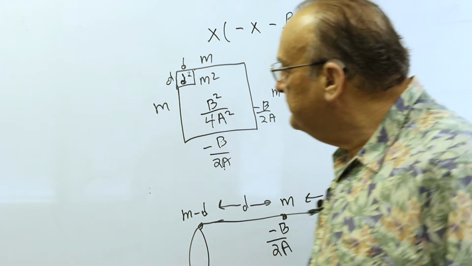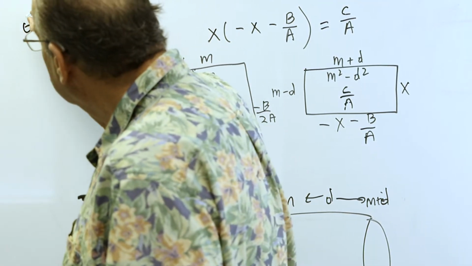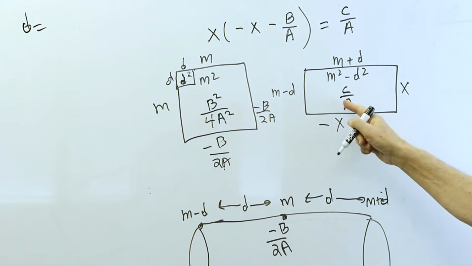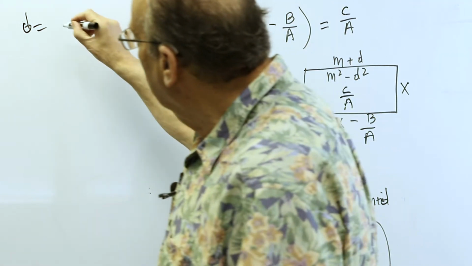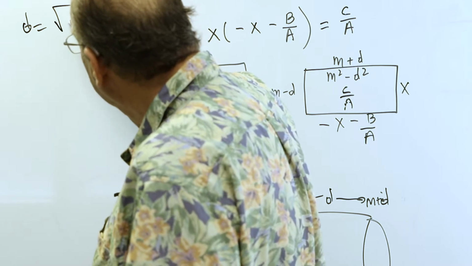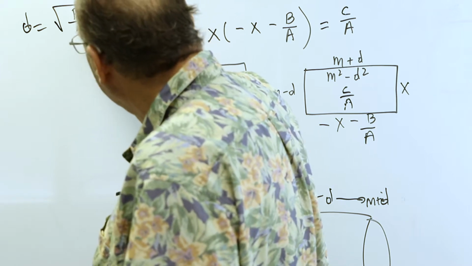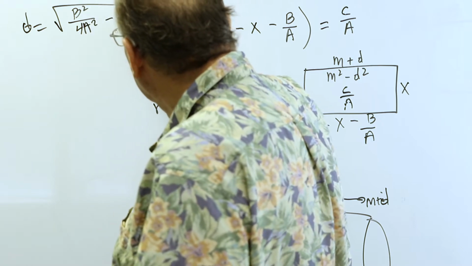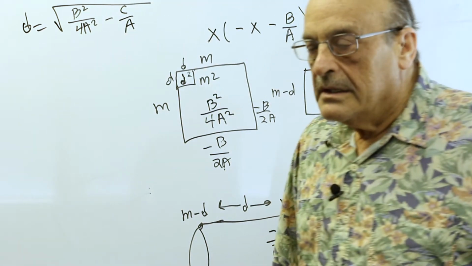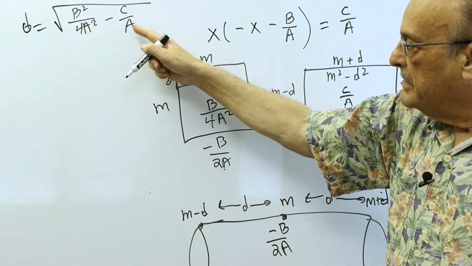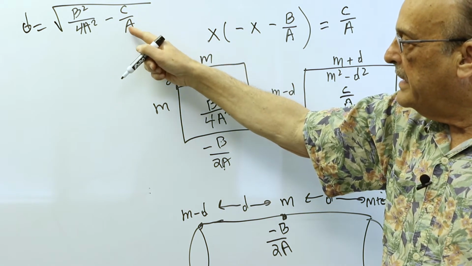Okay, so d is equal to the square root of what's in here minus what's in here. So at this point, we need a common denominator. We multiply the denominator and the numerator by 4a.